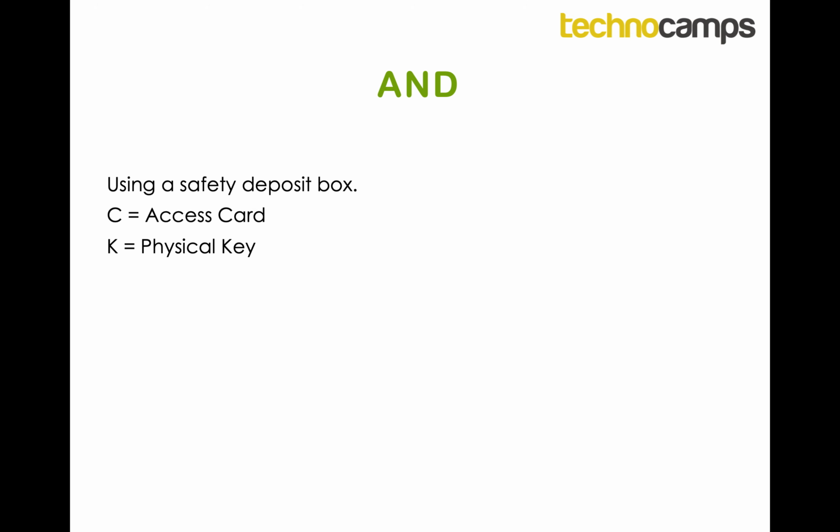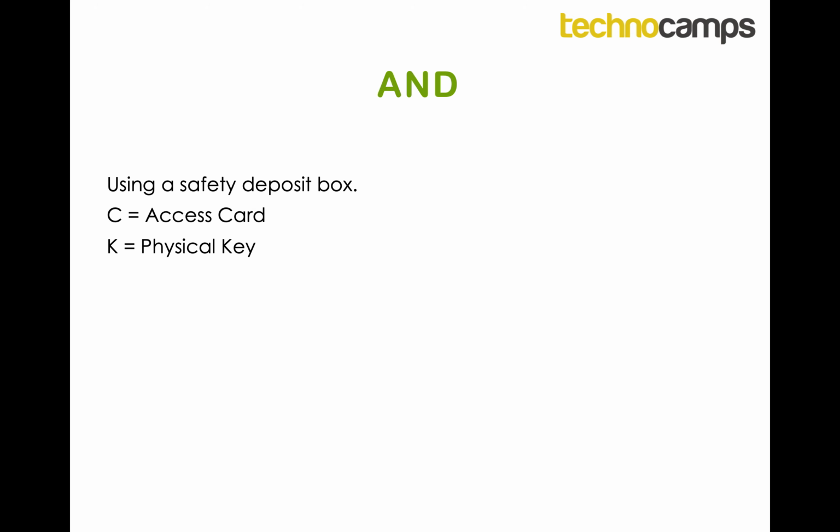So let's use those two cases here. You have an access card to go into a room where your safety deposit box is, and you have a key to open your specific box, because in a room you could have 10 or 15 safety deposit boxes belonging to different people, and only people who have access to that room can go and operate their safety deposit boxes.